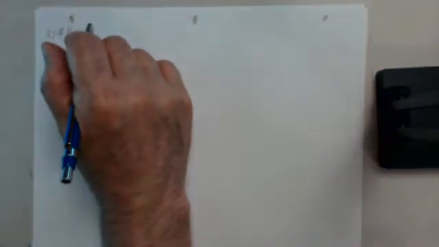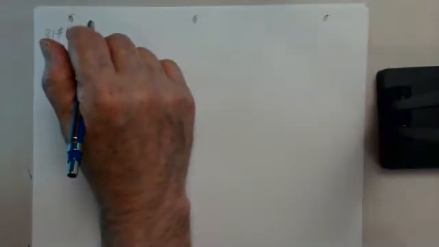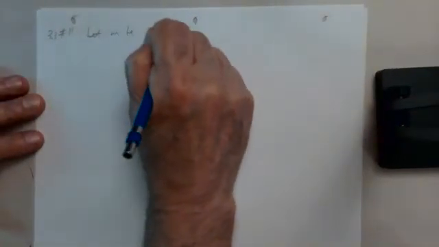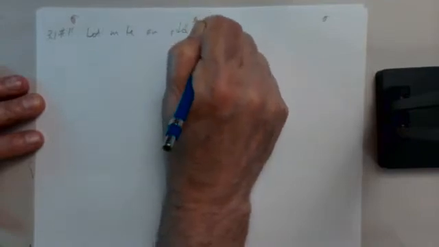Prove that the set 0, 2, 4, up to 2 times m minus 1 is a complete system of residues modulo m. Okay, so let m be an odd integer.